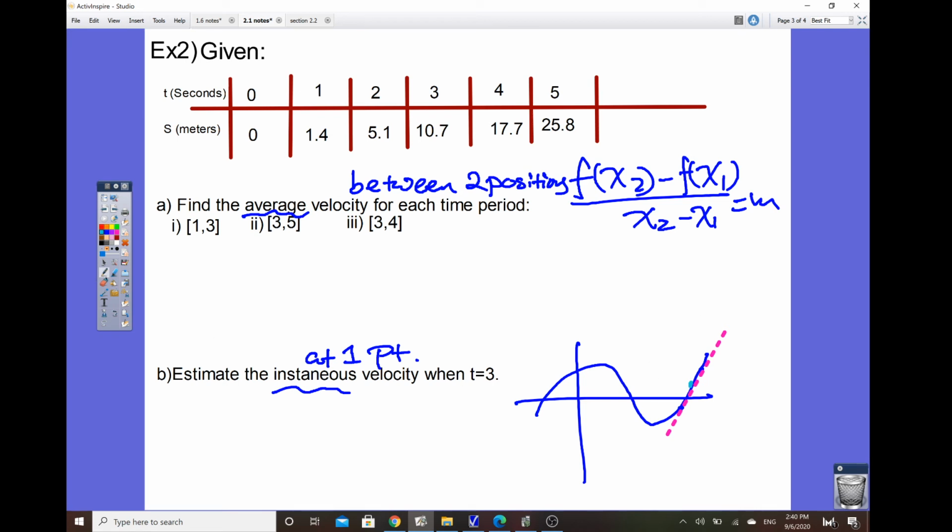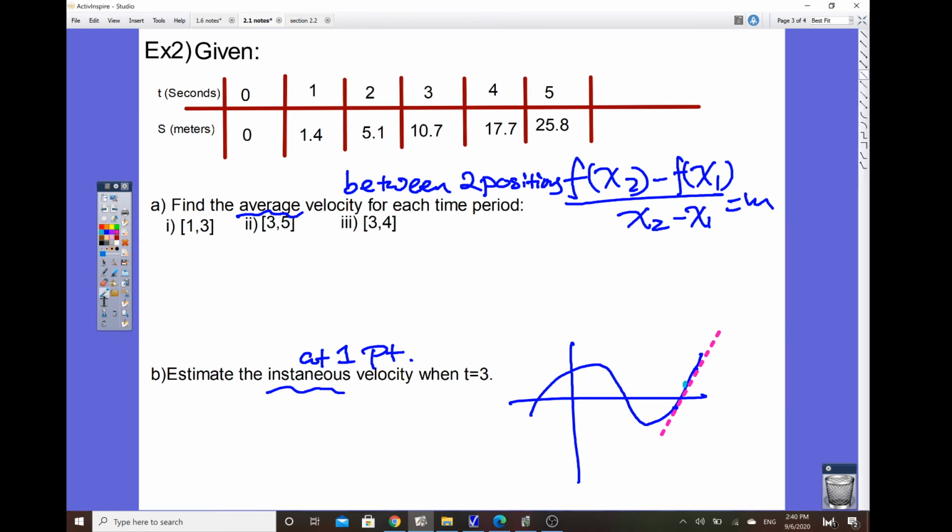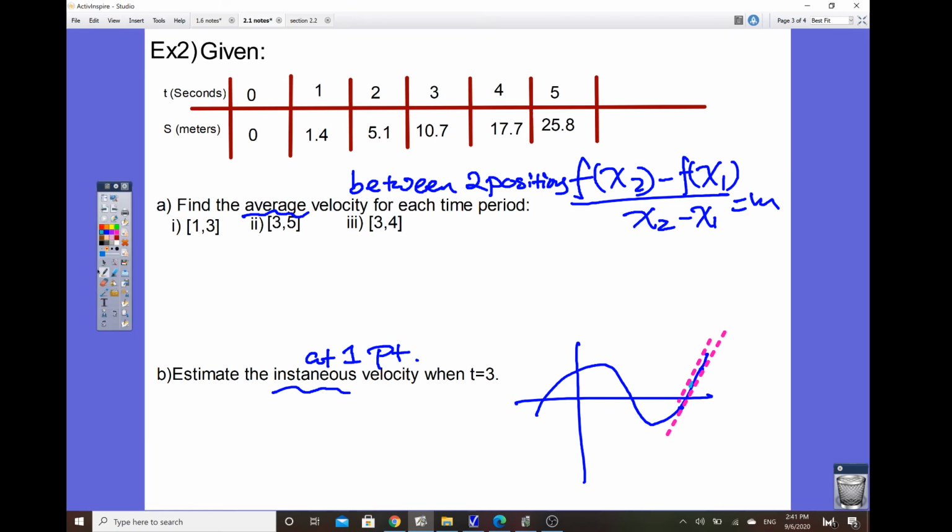If you try to make a tangent line here, what do you guys notice? It looks like those 2 lines are parallel. If they're parallel, that means the average rate of change is the same as the instantaneous rate of change. So back to the concept of geometry or algebra 1, if the slopes of 2 lines are exactly the same, what does that imply? That means the lines are parallel.